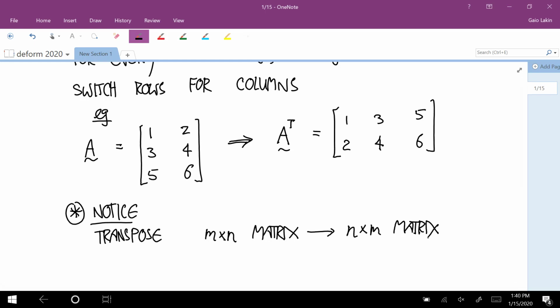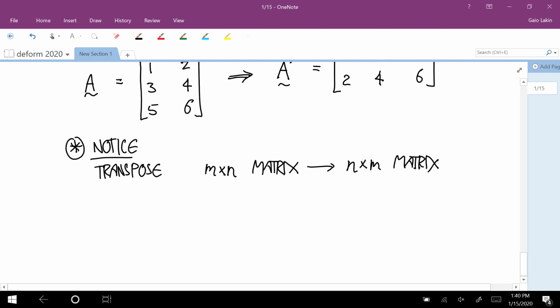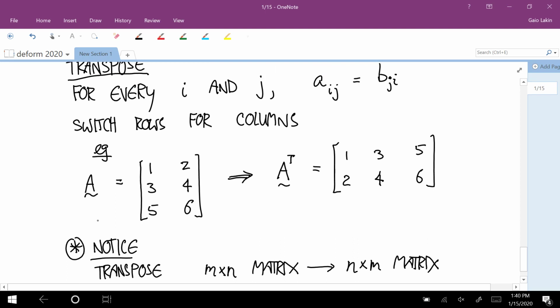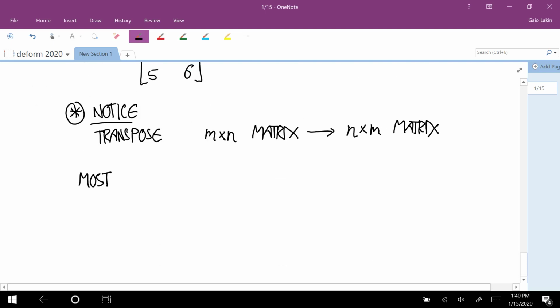Most TI calculators have a built-in transpose function, so you don't have to program this or anything. But it's easy to program because the way you program it is basically this formula. So come talk to me if you have a calculator where you can't find this function when you look in the catalog of functions.